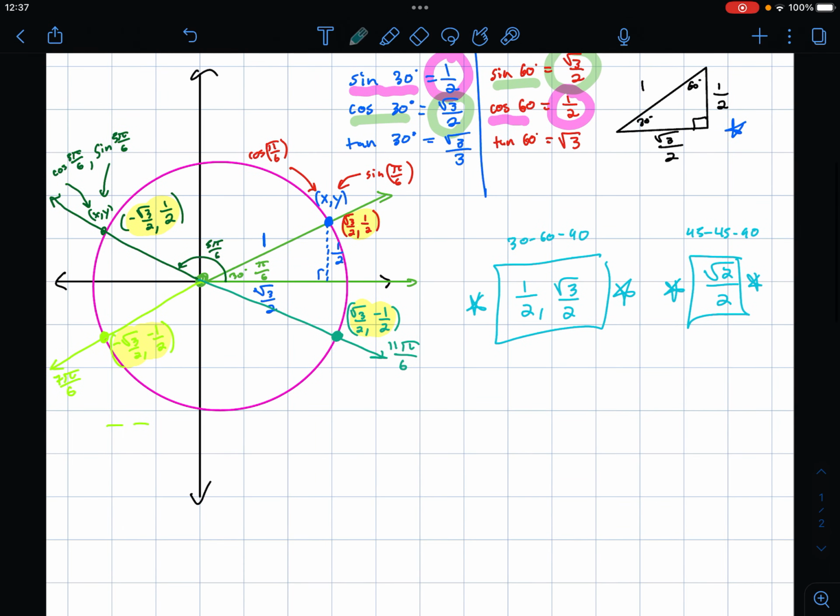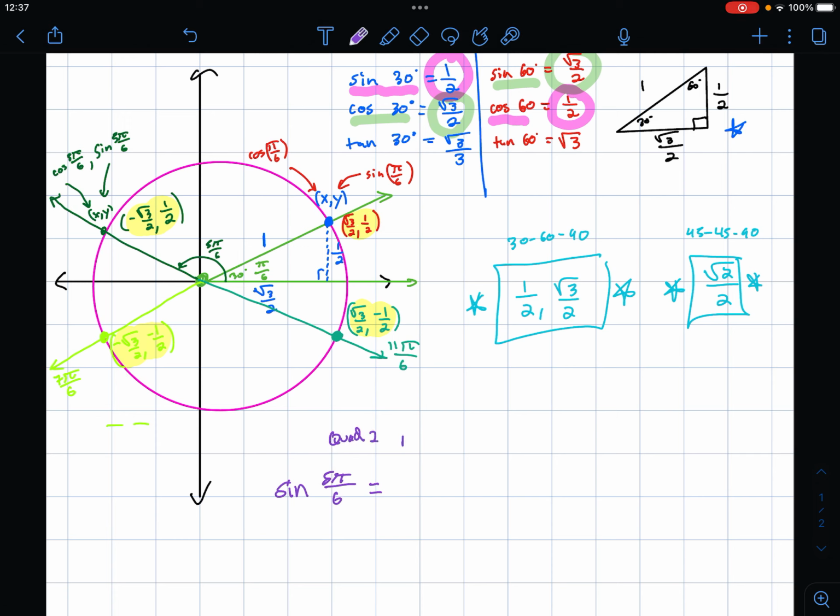One way I could use this to do this math without a calculator is, say I wanted to calculate the sine of 5 pi over 6. And I'll walk you through my thought process. So I know that 5 pi over 6 is in the second quadrant. So I say quadrant 2.